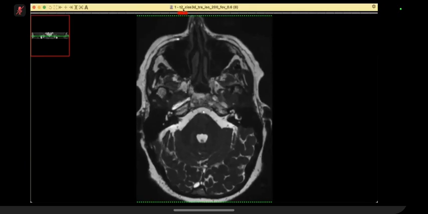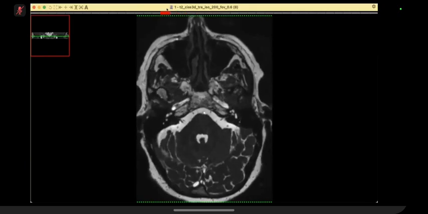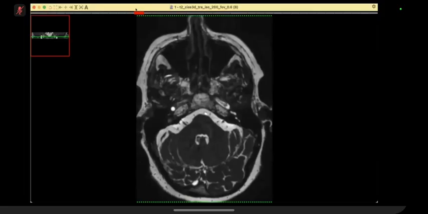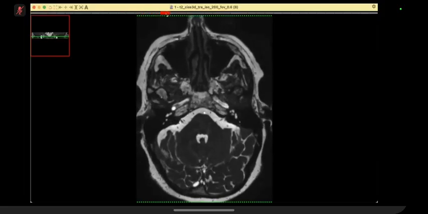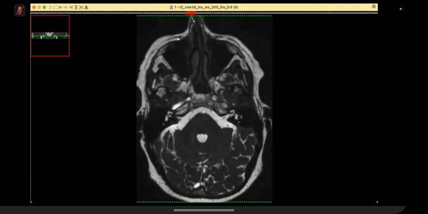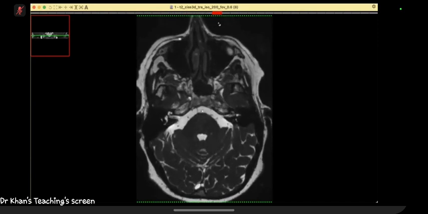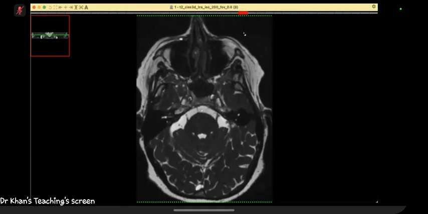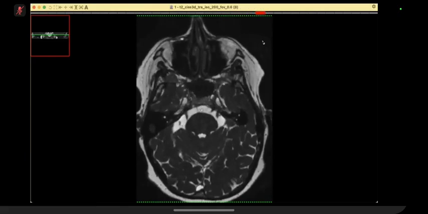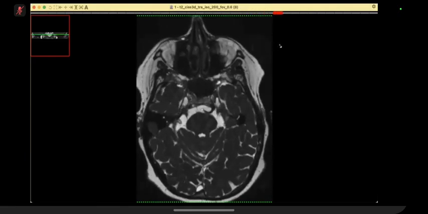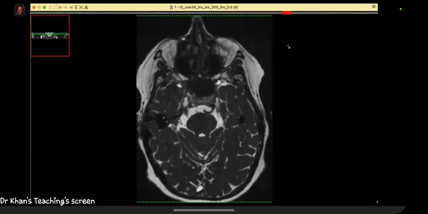Yes, I'm scrolling now. I'm trying to focus at the area of the left trigeminal nerve. I'm going up. Again, I can see this vascular structure, which is coursing in the prepontine cistern.